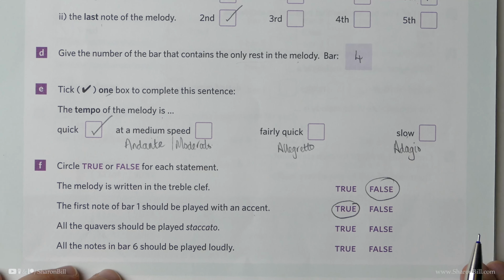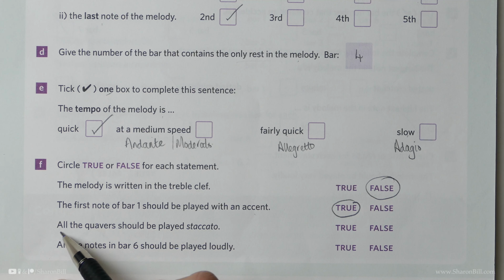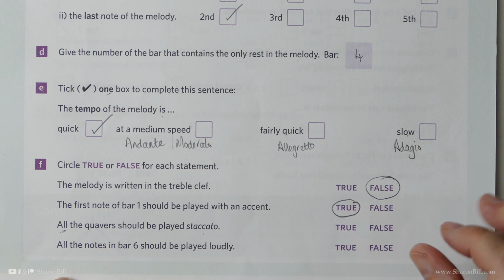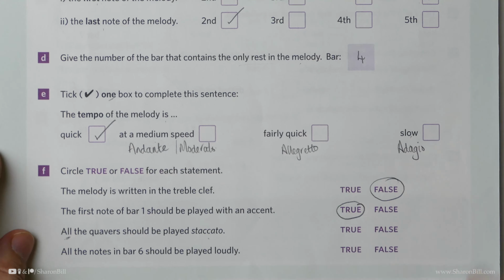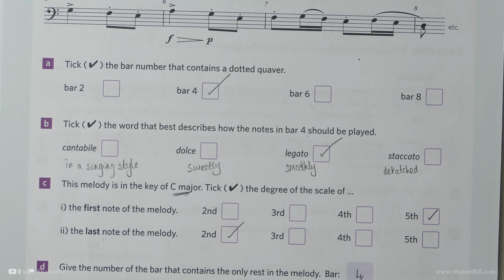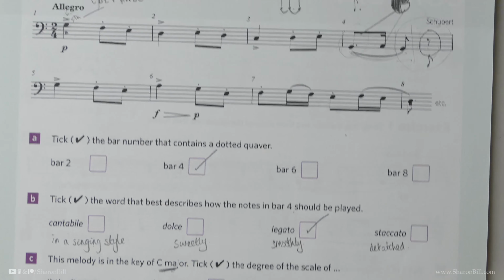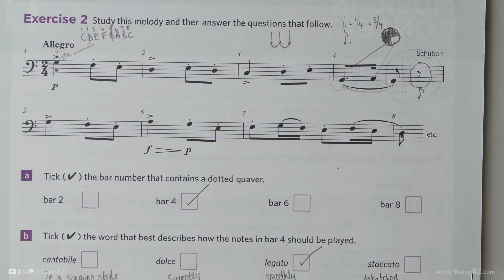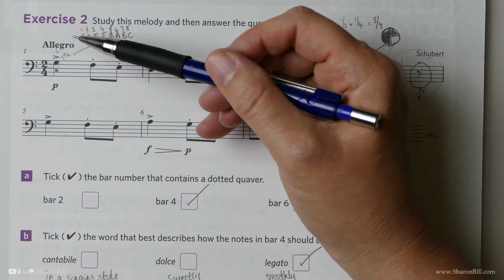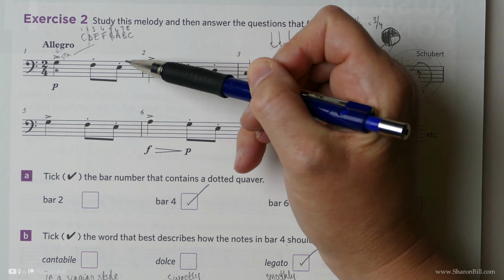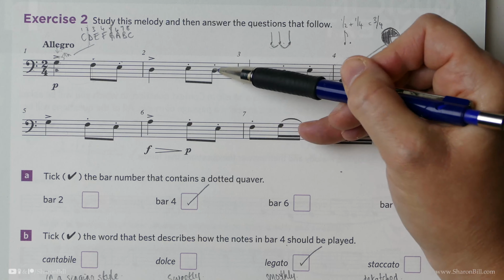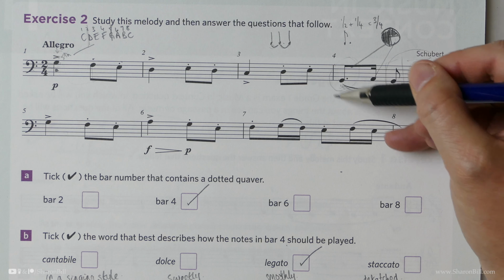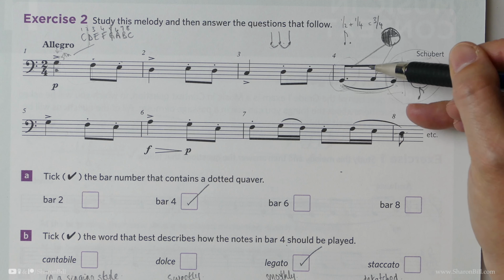Is it true or false that all the quavers, so let's just watch out, all of the quavers should be played staccato? Let's have a look. So that's staccato, these are the quavers, that's staccato, that's staccato. However, here, we've already kind of answered that question. We'll come back to this.